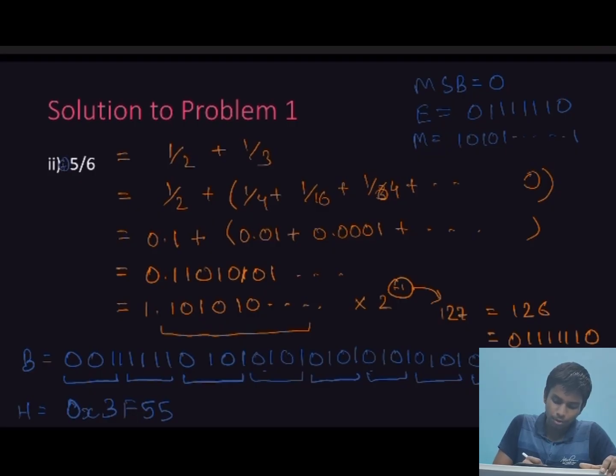So we will have 4 more 5s in a row. Therefore, the hex representation of 5 by 6 is 0x3f555555. So this is the required representation of 5 by 6 in IEEE format.